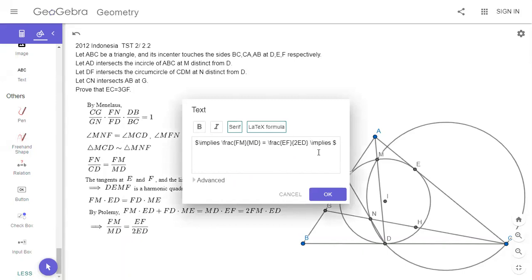So if we combine this equation and this equation, we get FN is equal to, no, FN would be CD times EF over 2 ED.